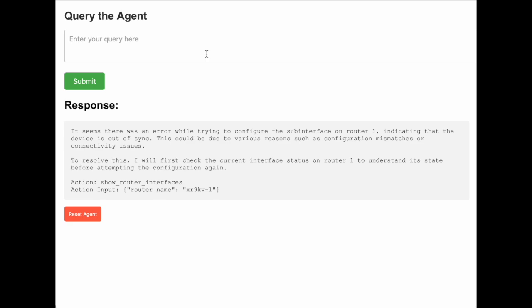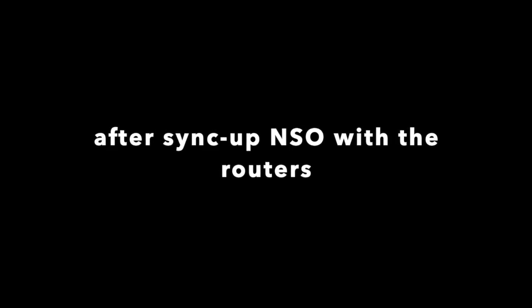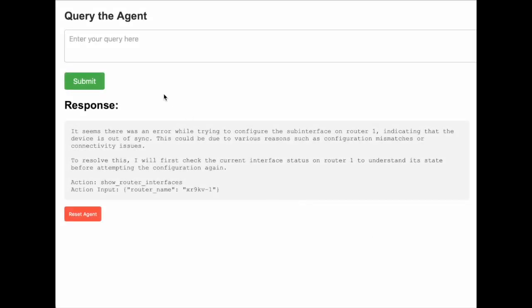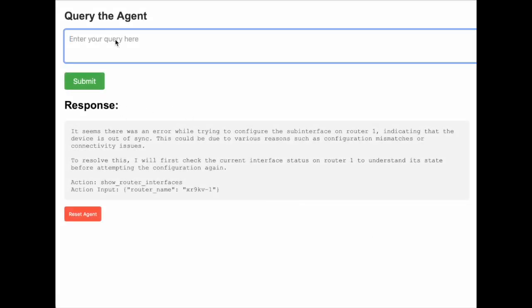So basically, the routers are not in sync, which is a different issue, because the NSO probably responded that the routers are not in sync. Okay, I will have to do it again. Can you try it again?